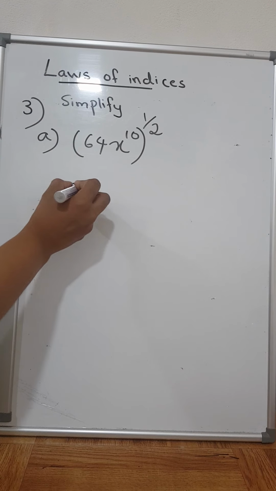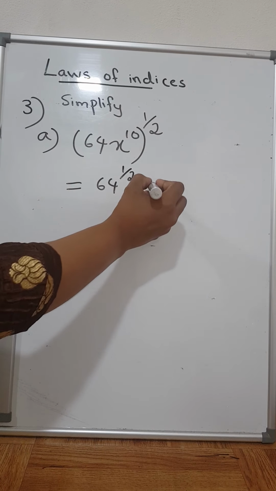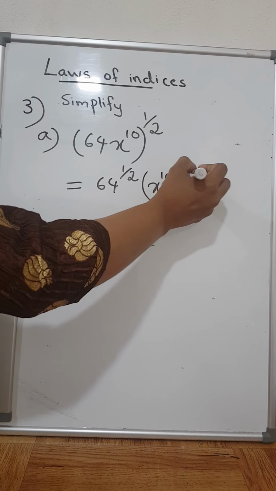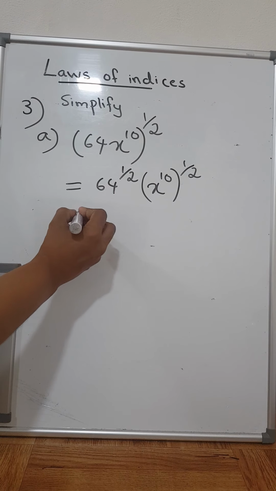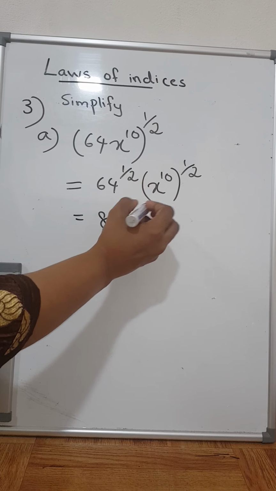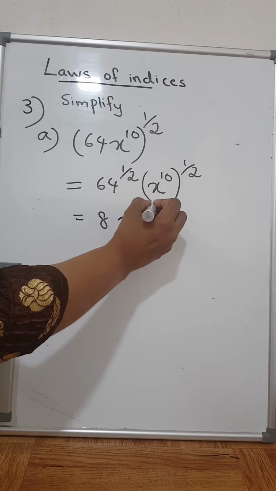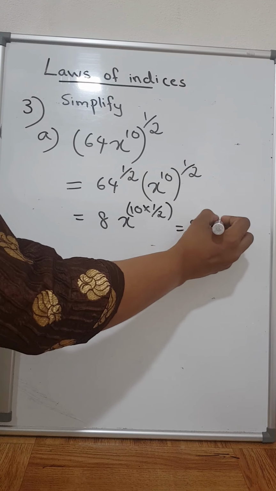Once we remove the bracket, 64 will get the power half, and this x to the power 10 also will be getting the power half. 64 to the power half is 8. This becomes x to the power 10 times 1 by 2. 10 times 1 by 2 is x to the power 5. So 8x to the power 5.